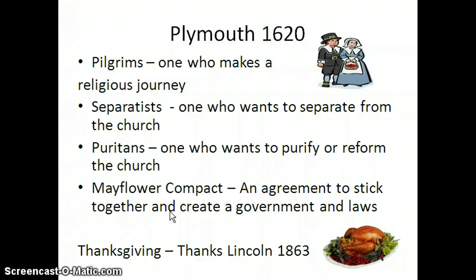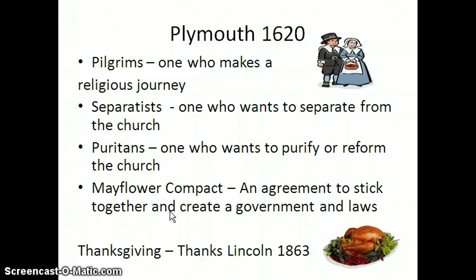The problem is they hit a storm, and when they hit the storm, they ended up somewhere else. And in order for them to get off the ship, they decided they needed to make an agreement, which became the Mayflower Compact. All the men on the ship signed the compact, and it was an agreement to stick together and create a government and laws. The Pilgrims finally landed and started their colony.